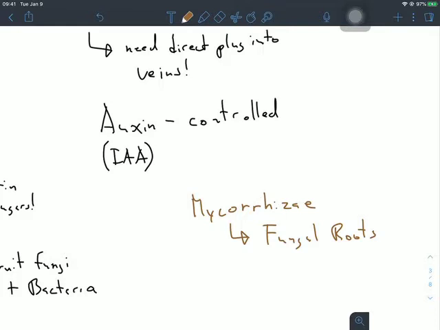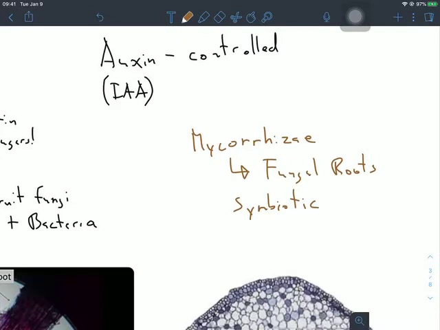Now, mycorrhizae are a symbiotic relationship. They're a symbiosis between fungi and plants. Fungi are really good at living in single cell layers. Because they are good at growing as single cell layered, they maximize surface area.